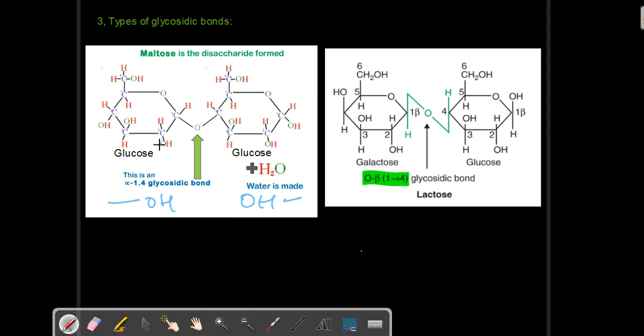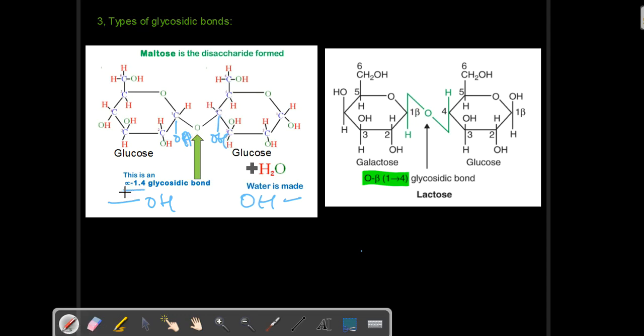Now in some cases we have an alpha monosaccharide involved. In some cases we have a beta monosaccharide involved. In some cases the bond is formed in this particular fashion where the hydroxyl of the alpha monosaccharide combines with the hydroxyl of the adjacent monosaccharide unit to form a glycosidic bond.